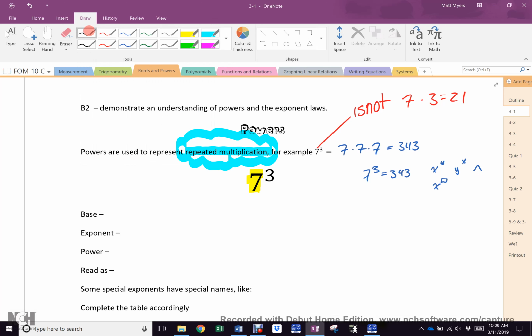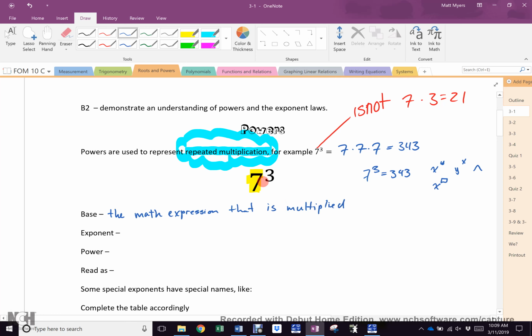In the 9th grade, you did a ton of this with numbers, right? Okay. The base is the math expression that is multiplied.